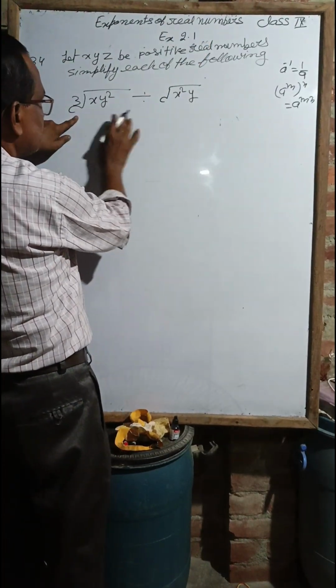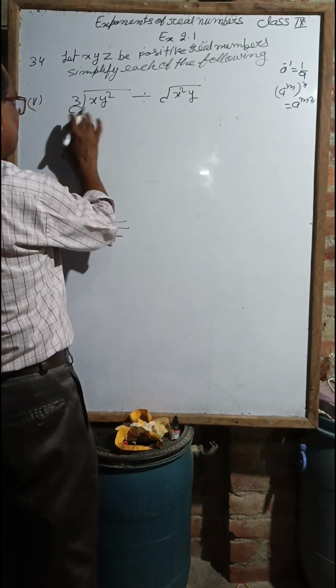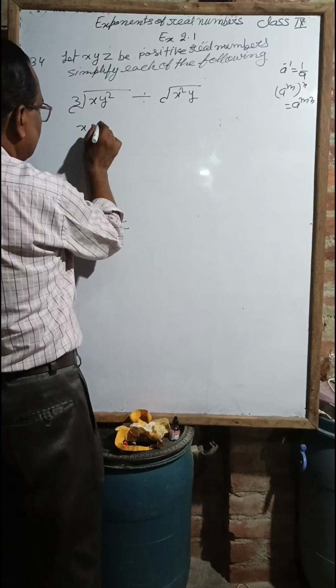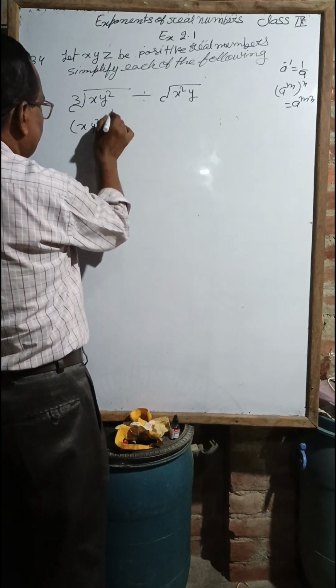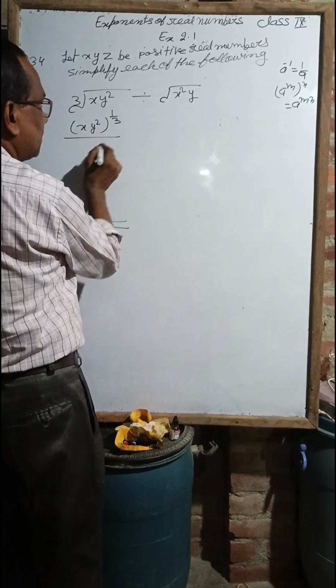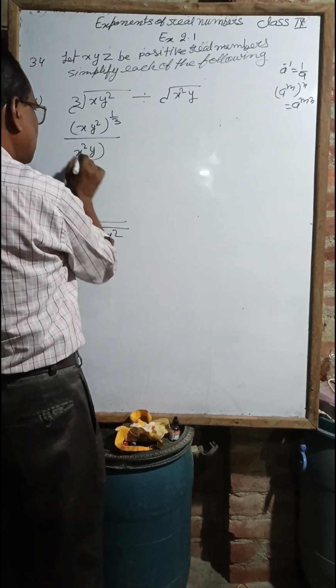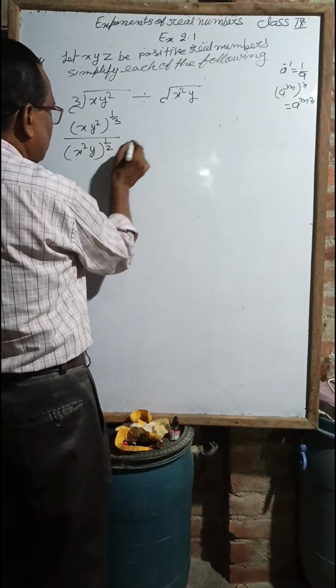Simplifying this, cube root is equal to xy square raised to the power 1 over 3 upon x square y whole to the power 1 over 2.